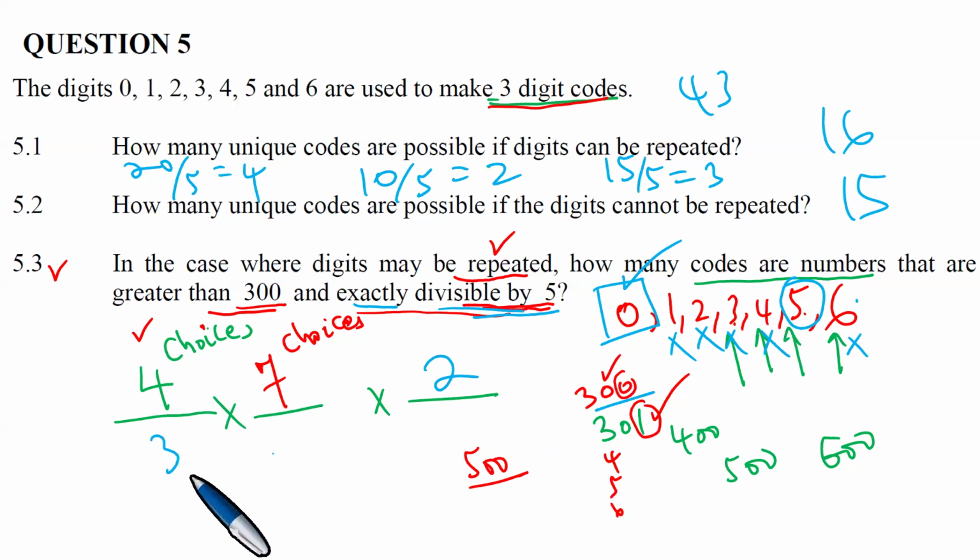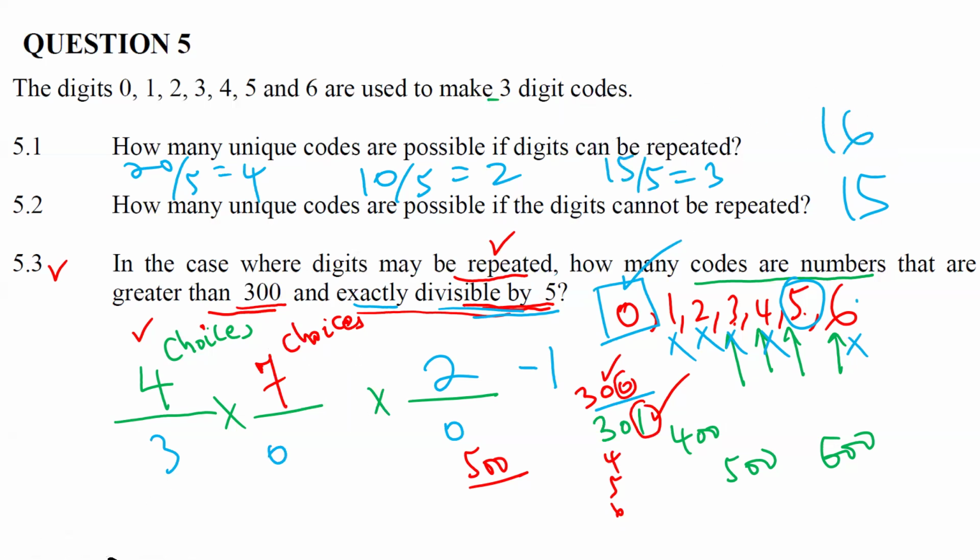From the 7 choices, you can choose 0. And then if the last digit can be 0, then we have 300. 300 is not greater than itself. The number must be greater than 300. So we must remove one case there. So that as a consequence, this is what we have.